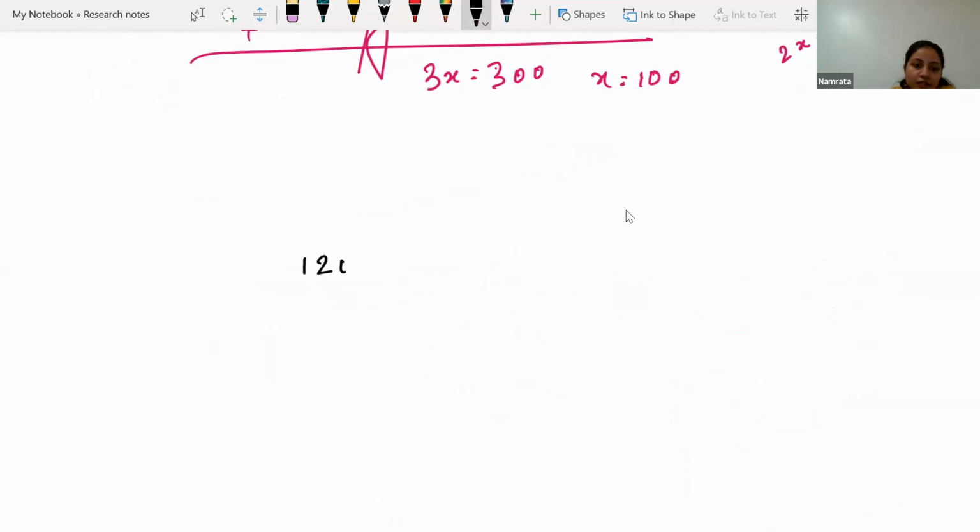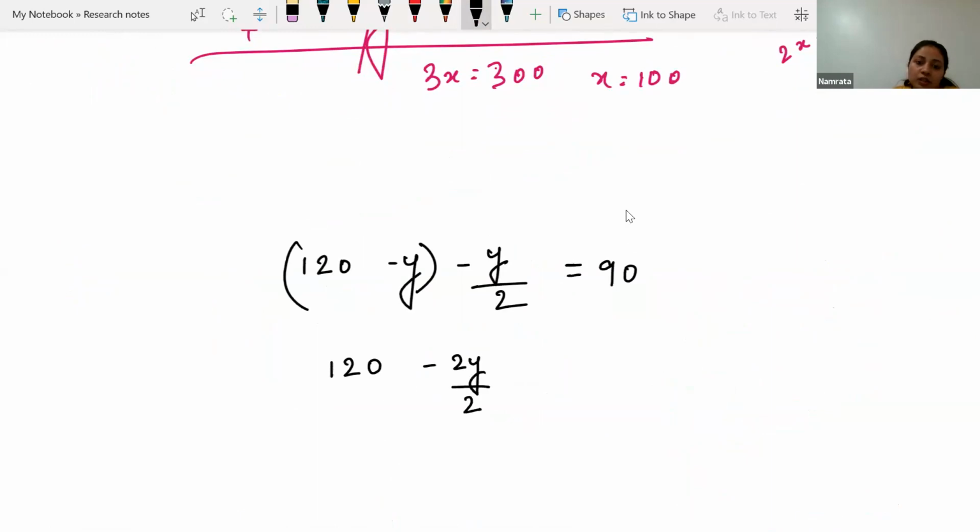See, you have written 120 minus y. First step, I am writing from your worksheet: 120 minus y by 2 is equals to 90. And the next step you have written 120 minus 2y by 2. Can you see, when we take this 2, Harshit, it will be minus y by 2.